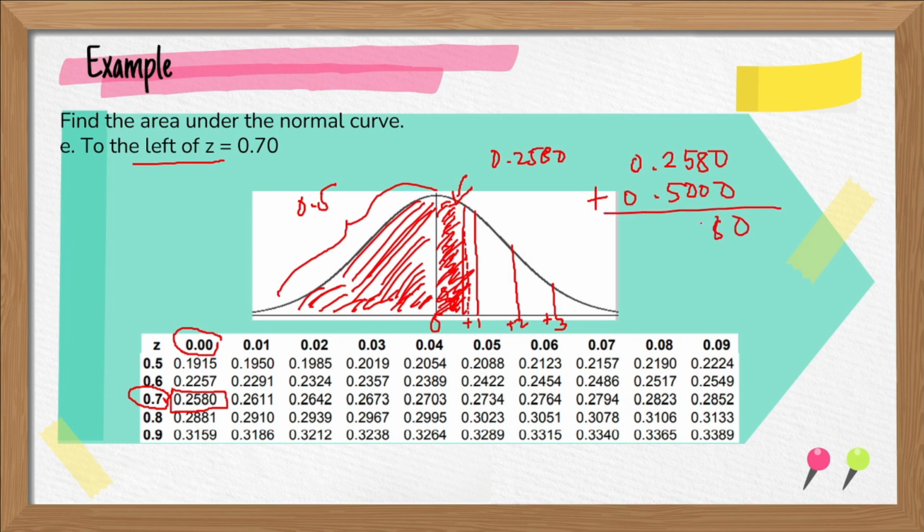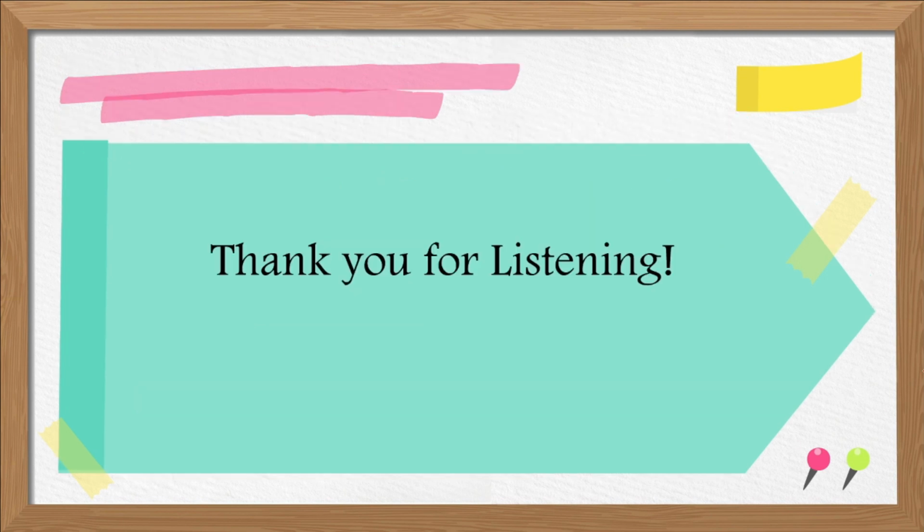So, the answer is 0.7580. So, that is the area, mula dito pa kaliwa. Okay? So, that is the normal curve. Thank you for listening.